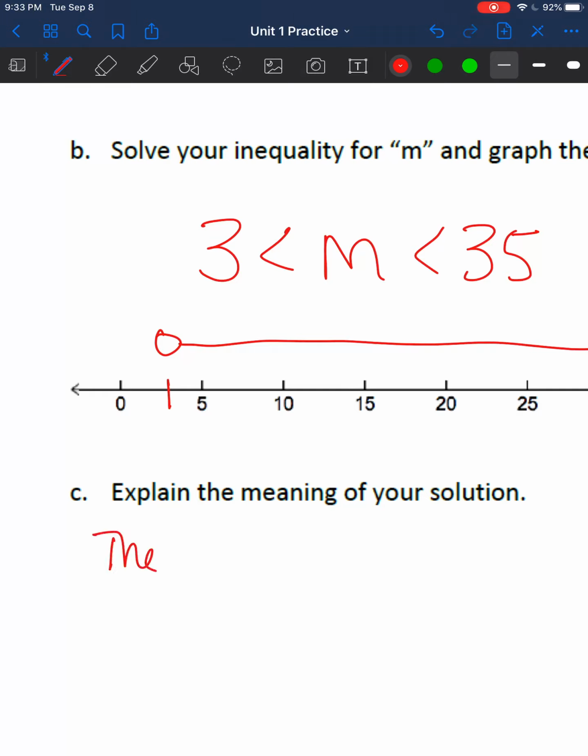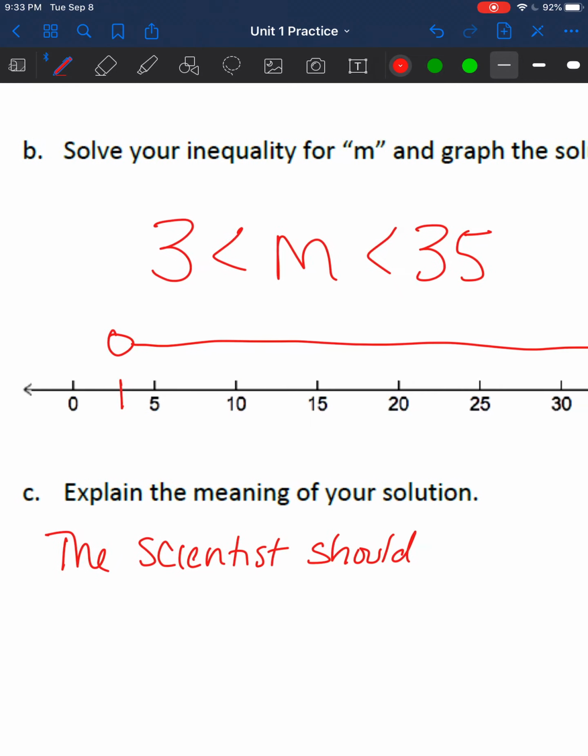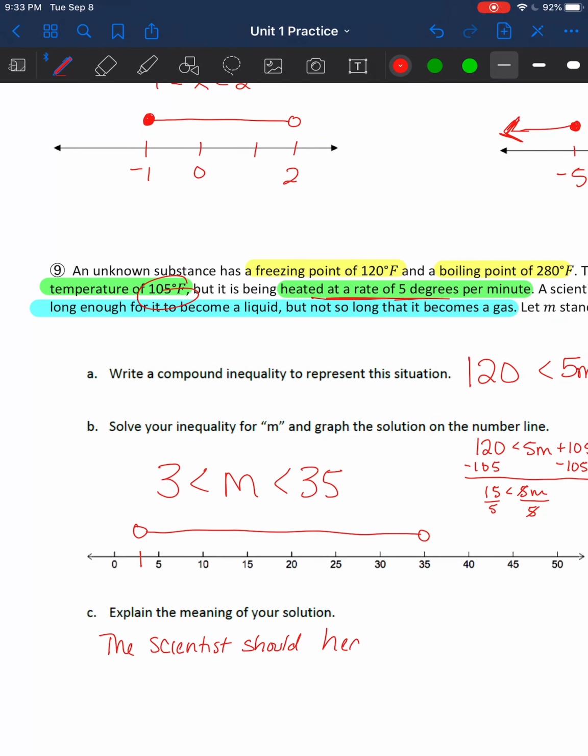So here I could say the scientist should heat the substance between 3 to 35.